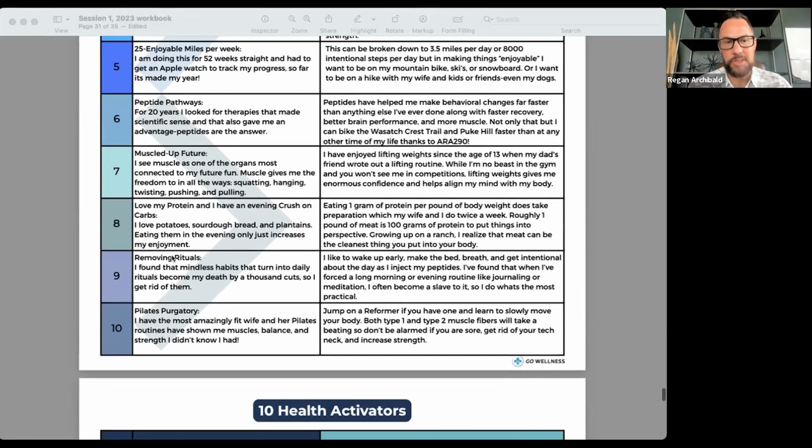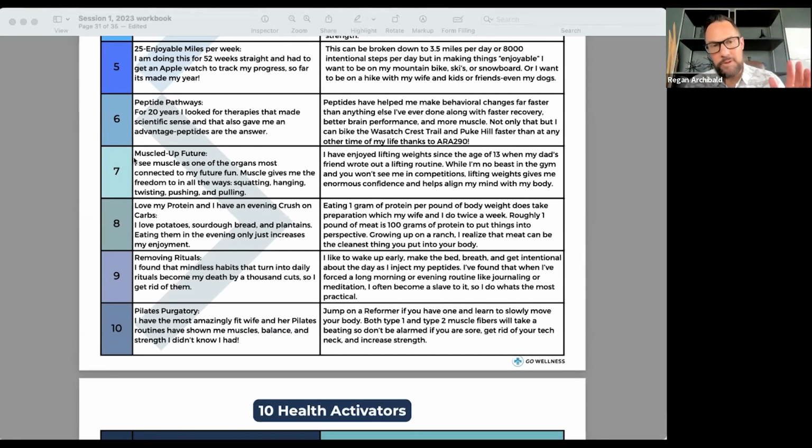Love my protein. I have an evening crush on carbs. I think carbs have gotten a real bad rep. We've heard about the keto diet, the paleo diet, all these things, but really carbohydrates help feed the good flora in your gut.